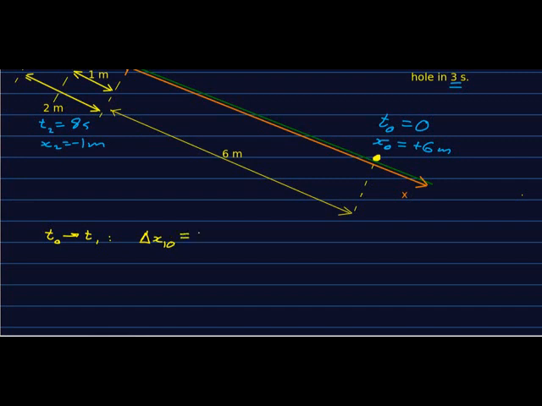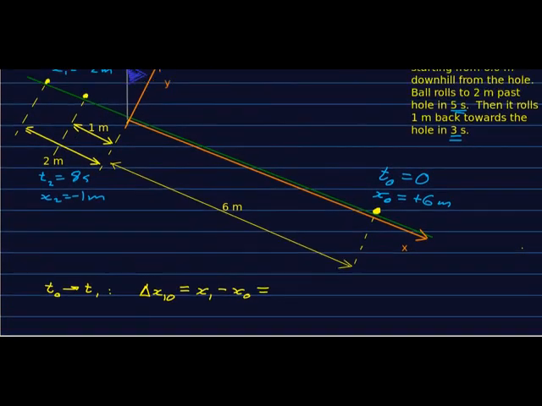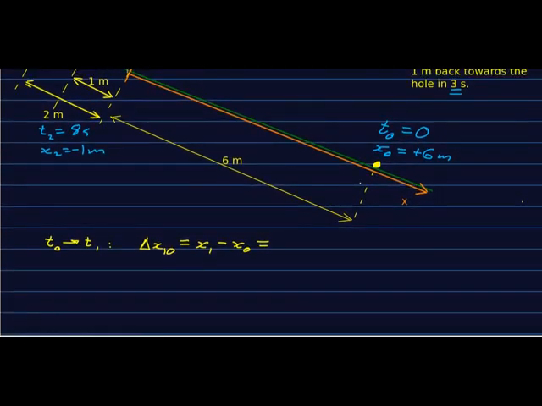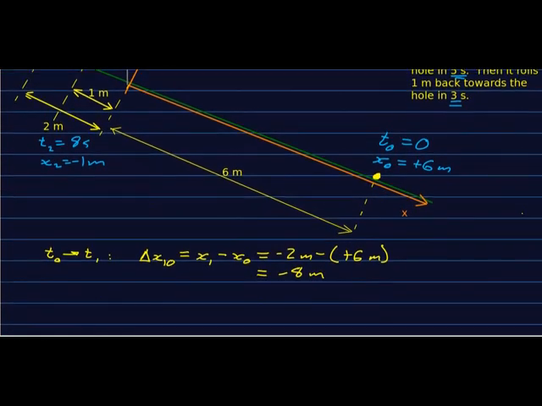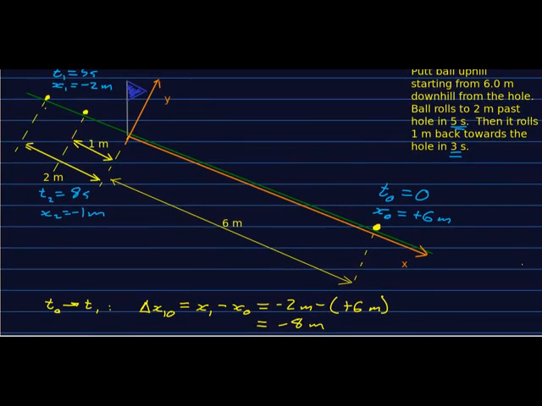Well, I'm using 1, 0 just to remind myself that I have to take x1, which is my final, minus x0, which is my initial. x1 is negative 2 meters minus plus 6 meters, which is x0, and so that's negative 8 meters. There we go. And just look at that and think about it. It's negative. Well, that displacement is up the hill, and that's our negative direction.